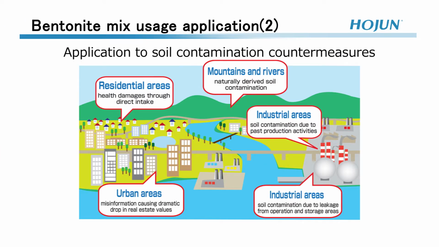Cases of soil pollution due to particular toxic substances through construction work has increased in recent years. Concern regarding health effects and societal demand for establishing countermeasures are gaining strength.